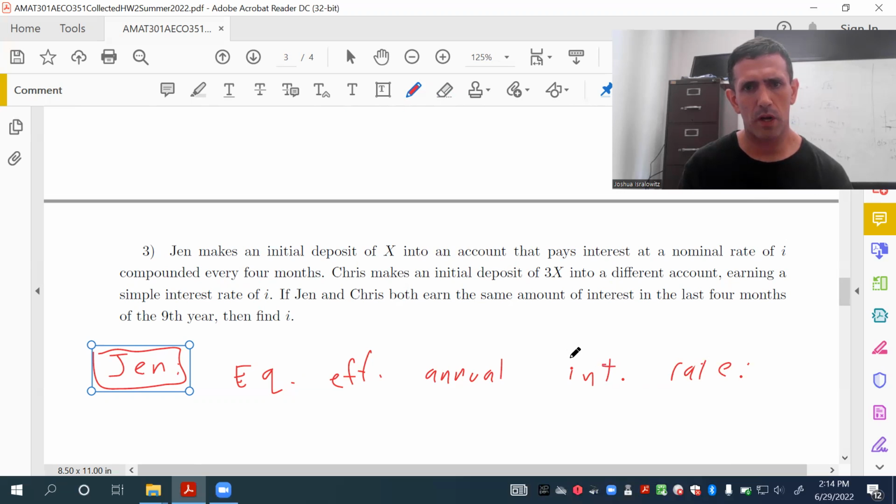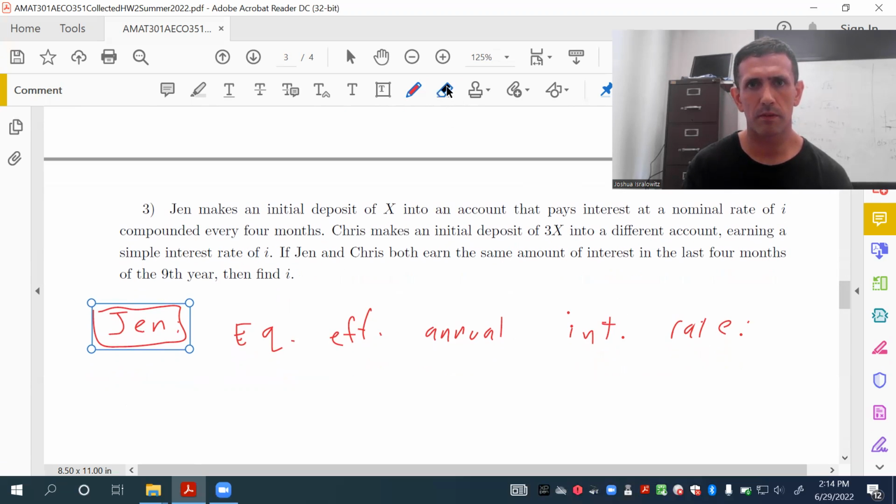Remember in general, compounded every 4 months corresponds to I3.